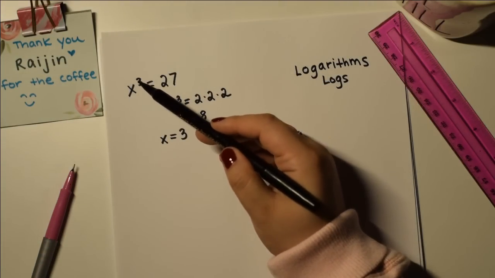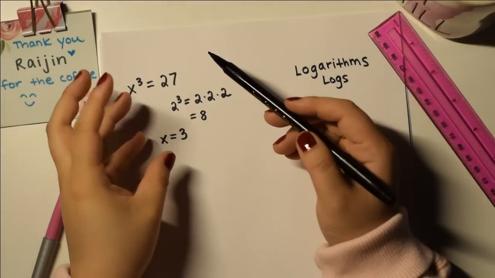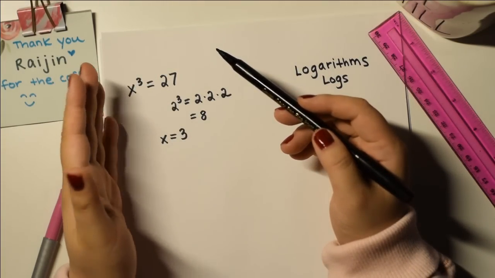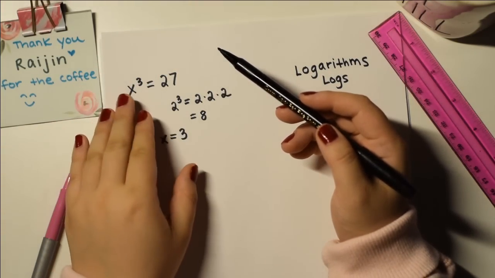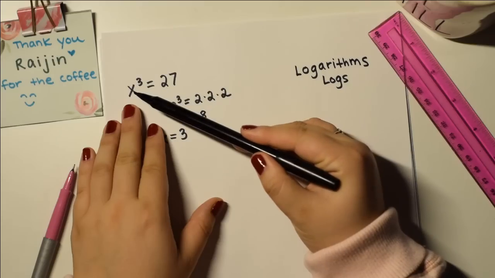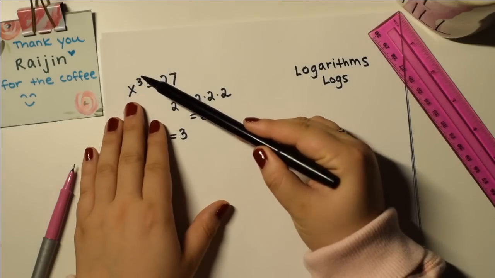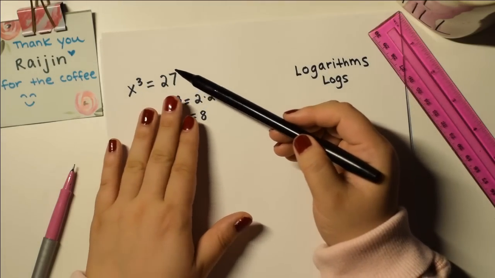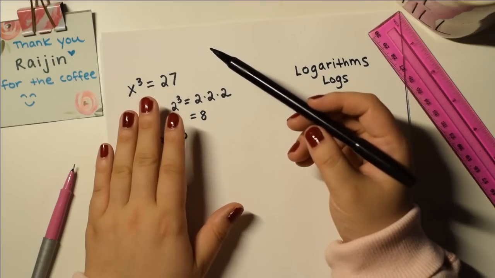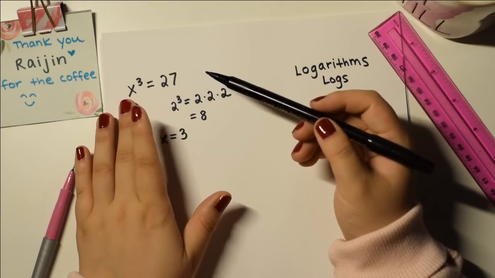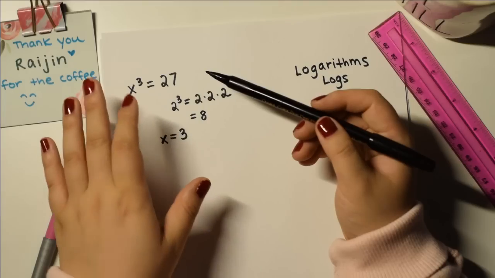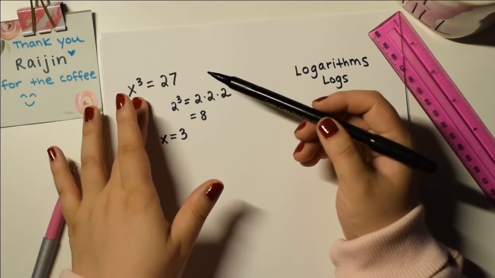So one way that we learn is that we're basically undoing whatever happens to x, because in this statement we're saying x raised to the power of 3 gives me 27. If I'm trying to solve for x itself, I want to undo that cube.